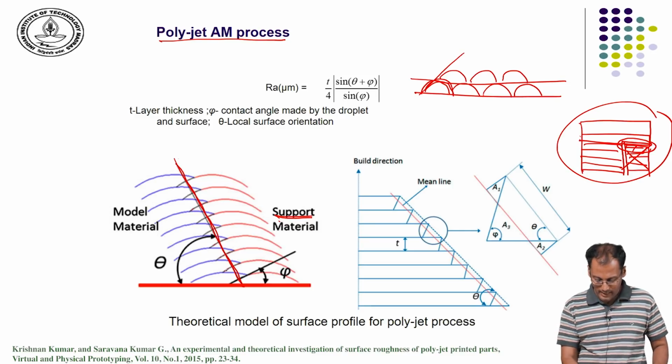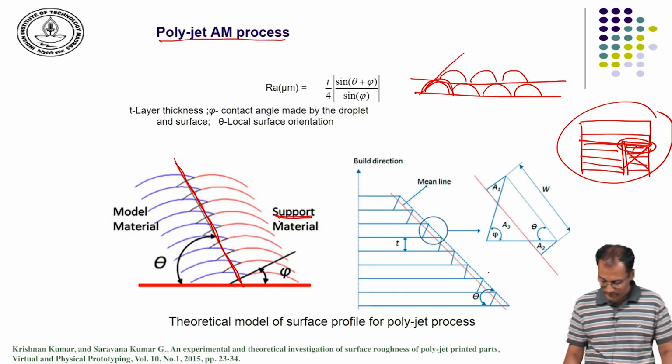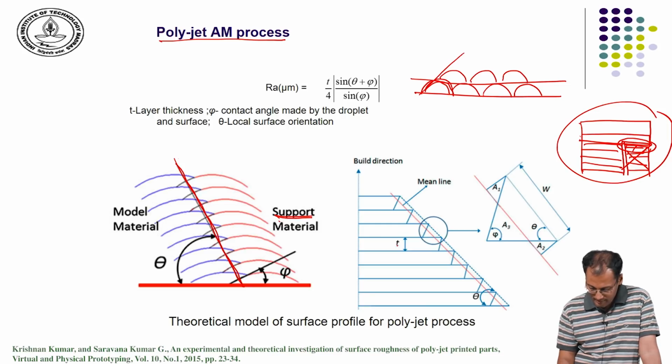So, this can be modeled theoretically, as you can see on the right side. If T is the slice thickness, which is typically the droplet height, then the surface aberrations will take this form for a given model orientation theta.